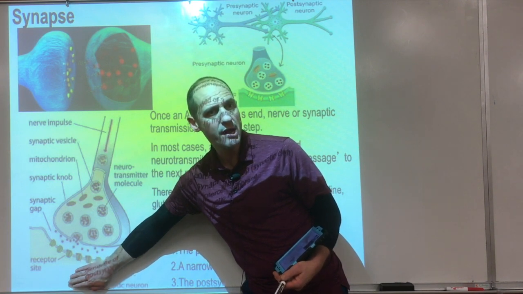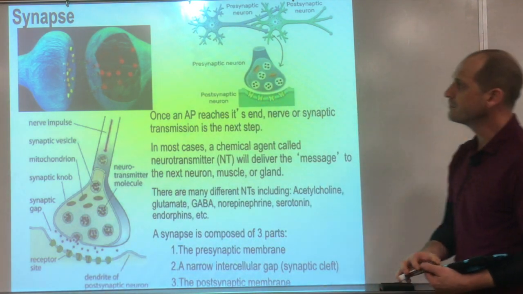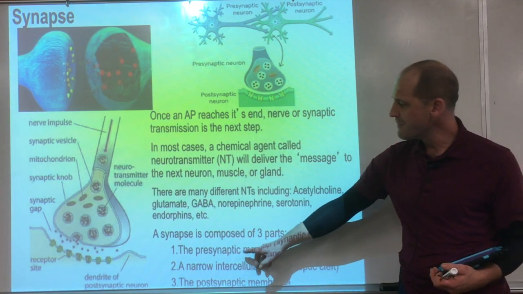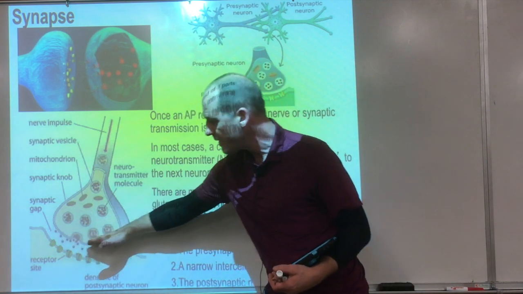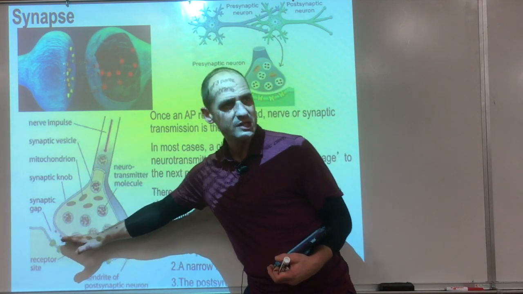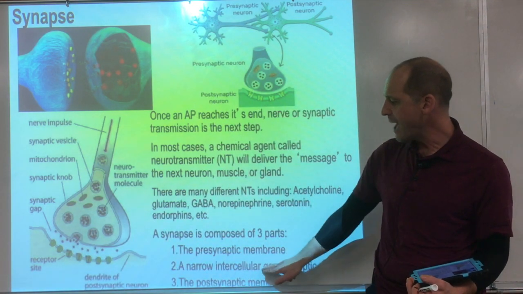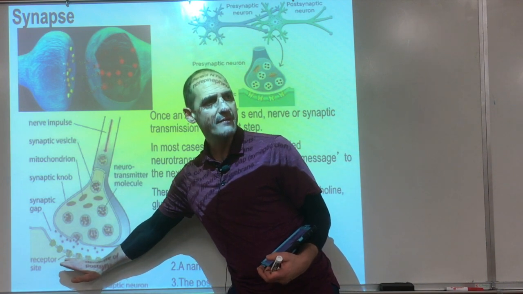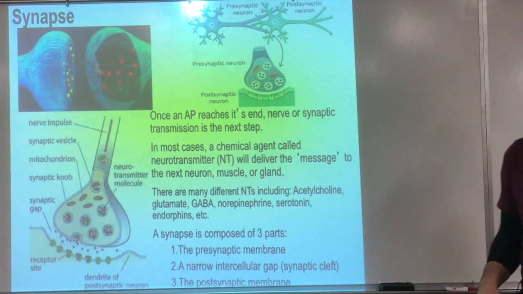Either excite it or inhibit it. It's always this binary thing. So when we want to look at the whole components of the synapse, we have a presynaptic area, that's the end of the neuron that sends it, a synaptic cleft, a gap, and then a postsynaptic membrane, which is on the recipient. And the recipient is a muscle, a nerve, or a gland.